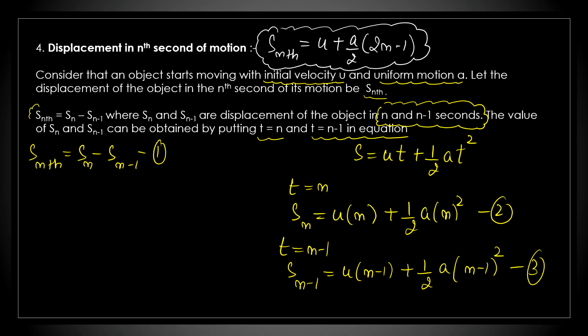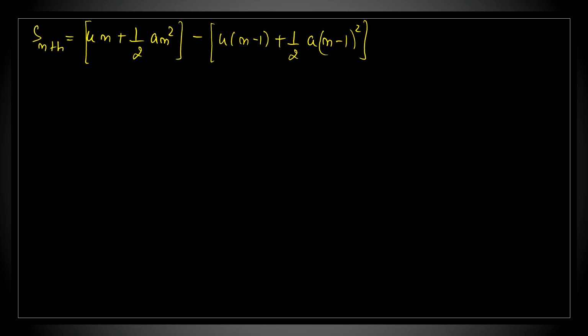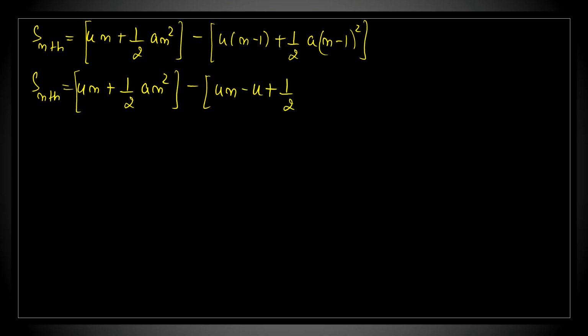Then put this equation second and third in first, so equation becomes this. Then solving the equation, s nth equal to un plus half a n square, bracket close, minus un minus u plus half a. Here I use the formula a minus b whole square, then it is n square plus 1 minus 2n.